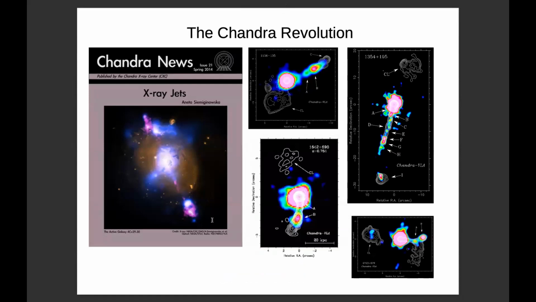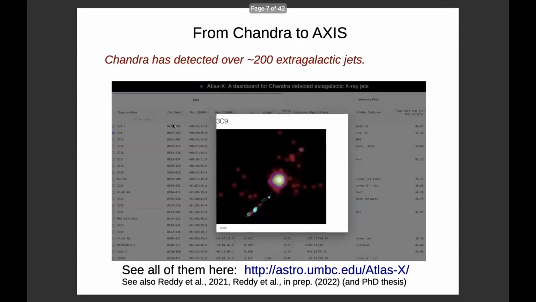So Chandra brought about a revolution in the study of jets from AGN, being able to resolve them, and in fact found way more X-ray emitting jets on the kiloparsec scale than we were expecting. So this was a major thing, and there was actually a Chandra News article dedicated to that.